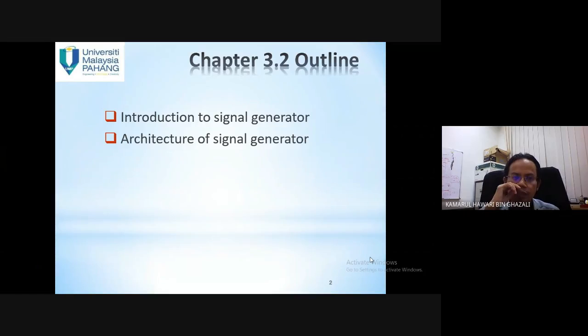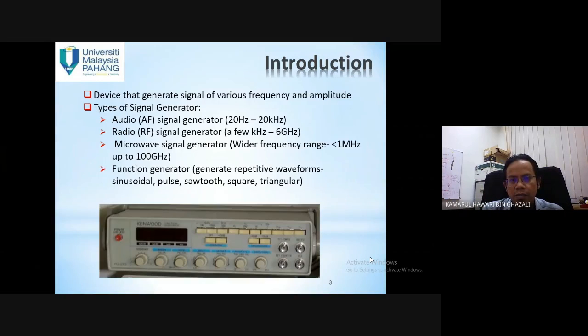Introduction to signal generator, architecture of signal generator. So this is a signal generator. You can see this instrument in the lab, but unfortunately you are not here in UMP, so you can just see from the photo. A device that generates signals of various frequency and amplitude.